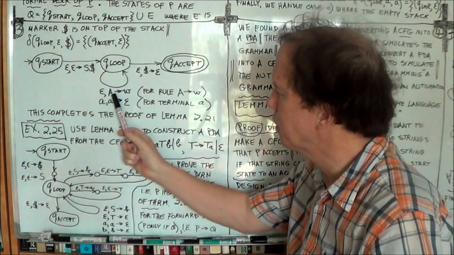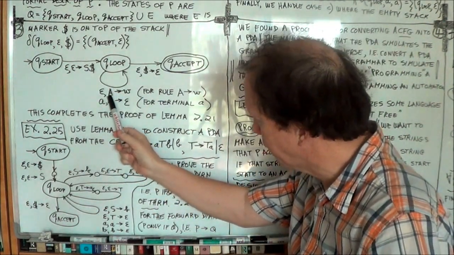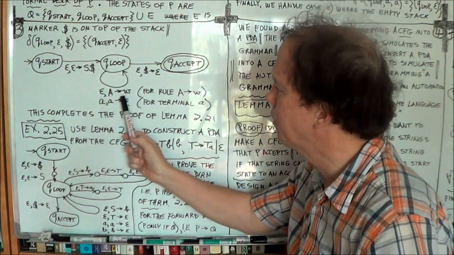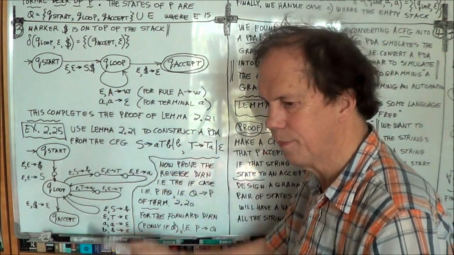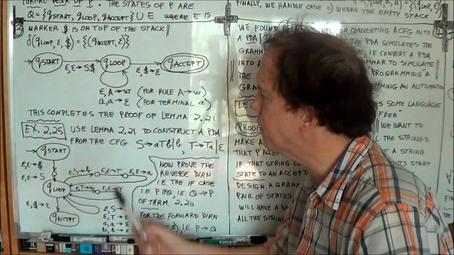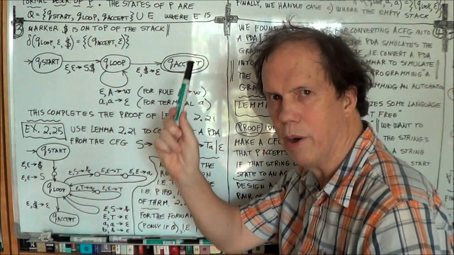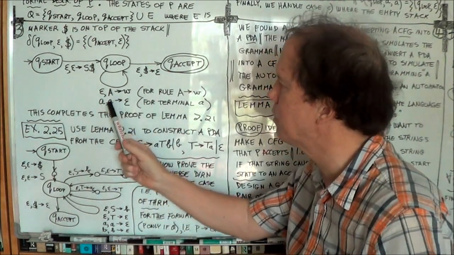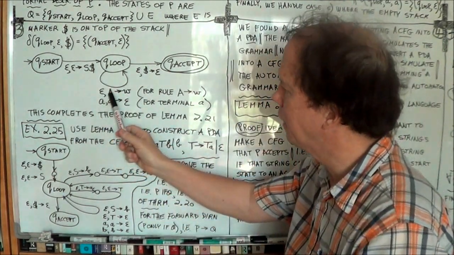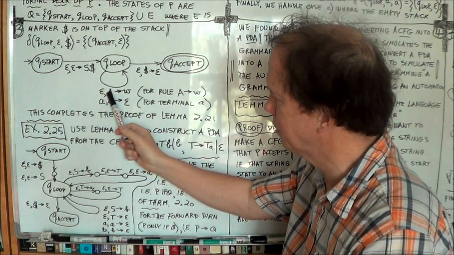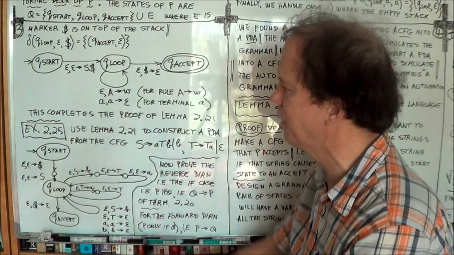So you pop that variable, because this is non-epsilon. So when it's non-epsilon, whatever's here, you pop, so long as what's at the top of the stack is equal to what this is in the rule.